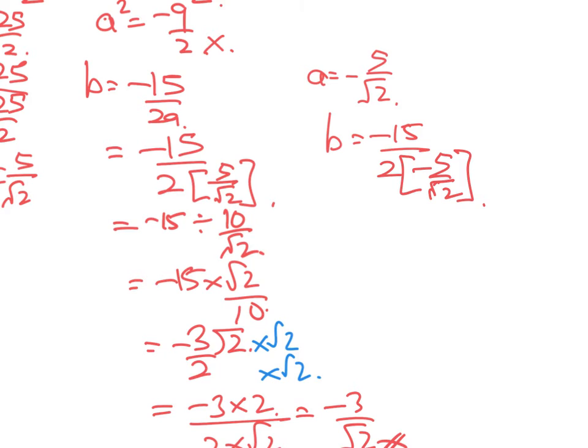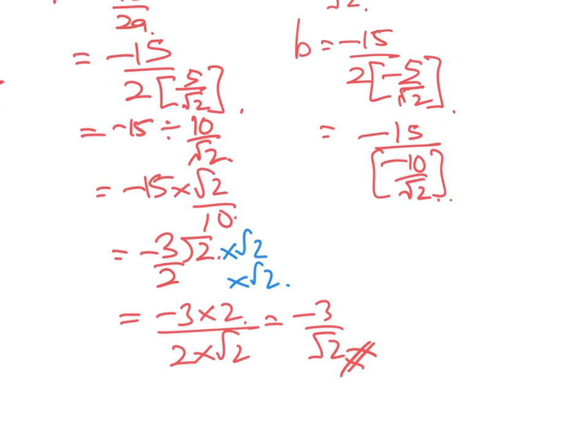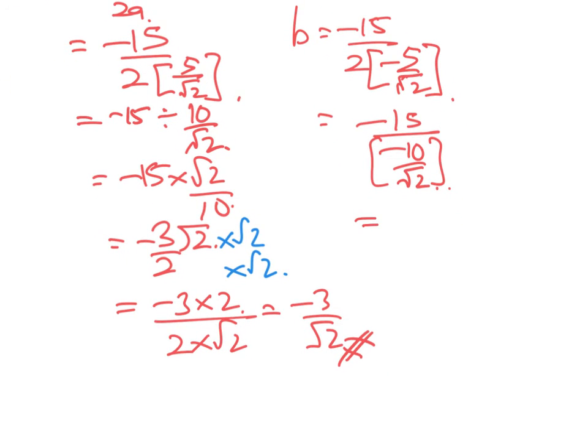Okay, which I can simplify to negative 15 over, that's minus 10 over 2. If I simplify that, negative negative is positive, so again it gives you 3 over 2. Okay, so 3 over 2.